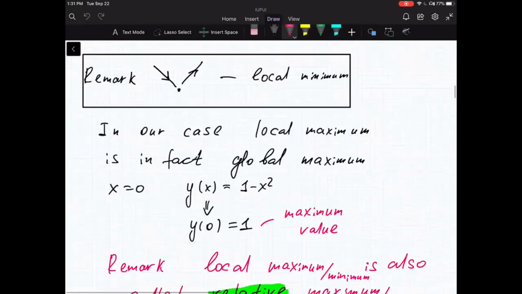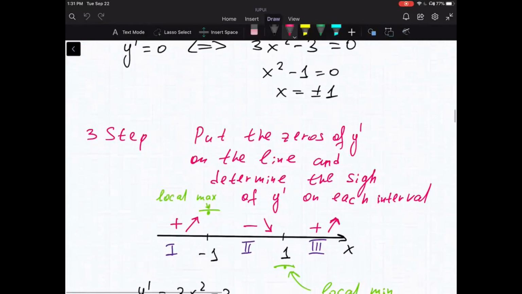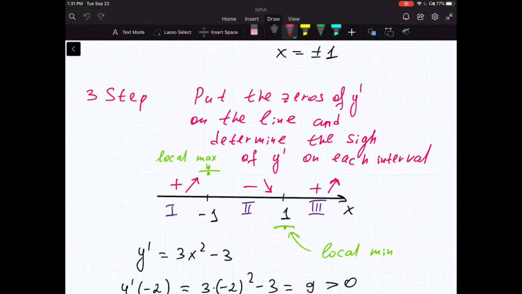And also we discussed how to find if it's a local minimum or maximum. That basically depends on where your function was increasing and then started to decrease, or the opposite.